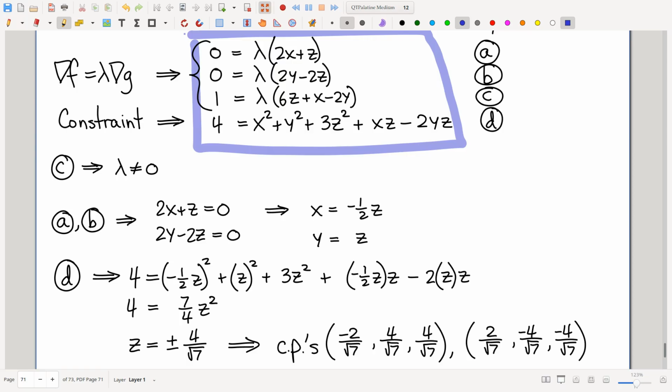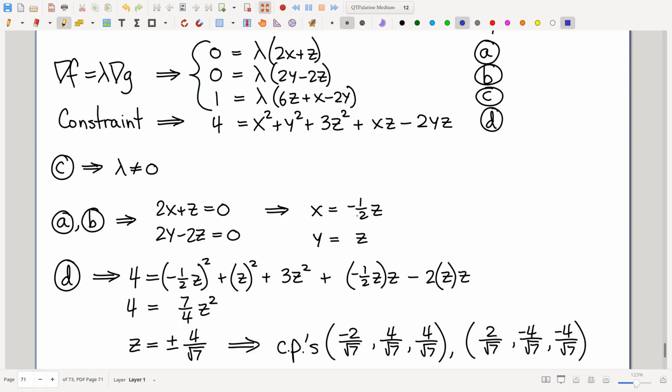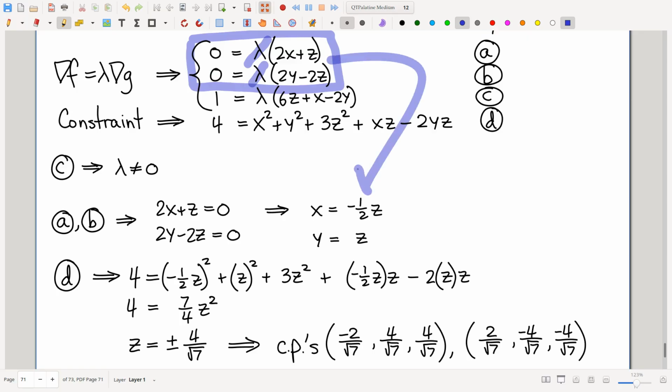In this case, the first thing we need to do is rephrase. What I would like to do is take these 2 equations, cancel the lambdas, right? So that I can then rewrite and solve and find a relationship between x, y, and z. That's what I would like to do. Here's the problem. I can't do that. I can't cancel something until I know it's not 0.